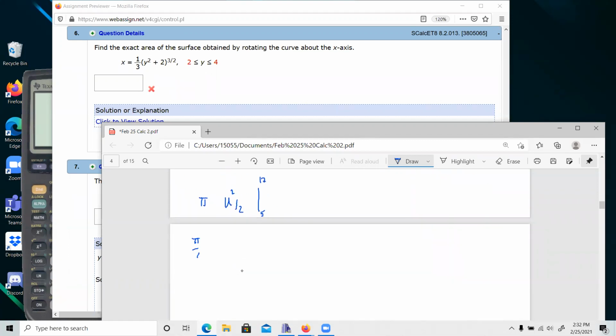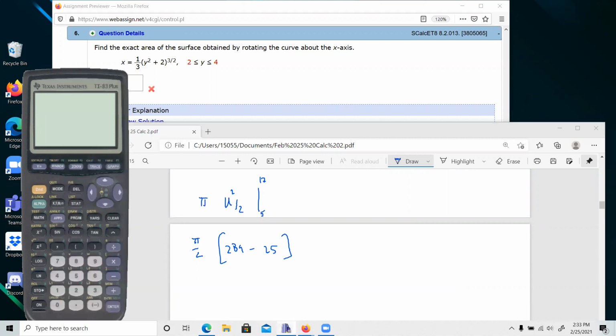So pi over 2. What's 17 squared? What is that? 289 minus 25. 17 squared minus 5 squared. 264. 264 divided by 2.